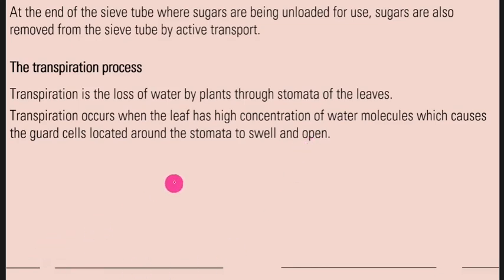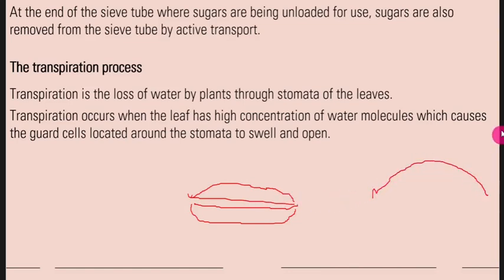So the guard cells look like beans, like this. Another one is like here. If they have more concentration of water in a leaf, they'll swell like this. This other part will swell like this, and also this other part will swell like that.